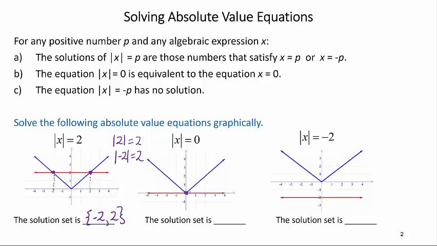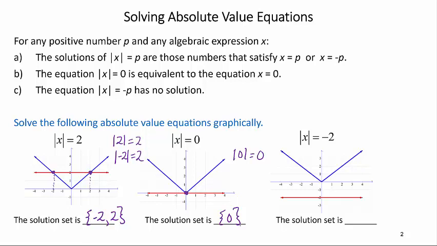So the x value that makes the absolute value of x 0 is 0, and the absolute value of 0 is 0 too. The solution set there is 0. Again, if we didn't have just x inside the absolute value signs, if we had 3x plus 7, then we would set that expression equal to 0 and solve it.